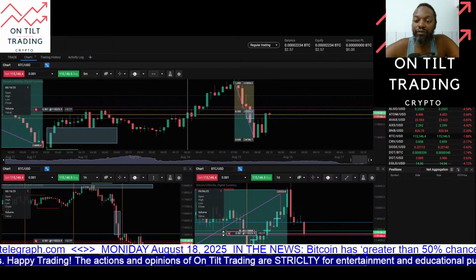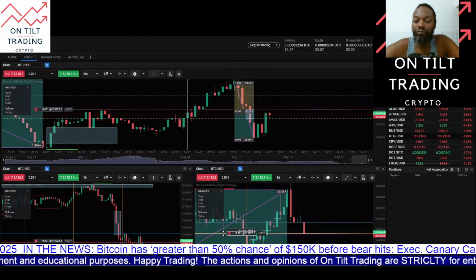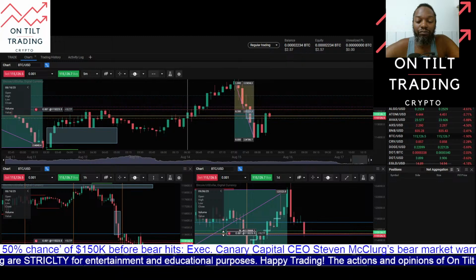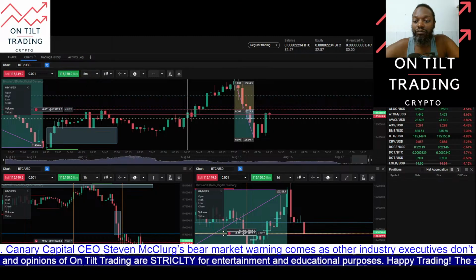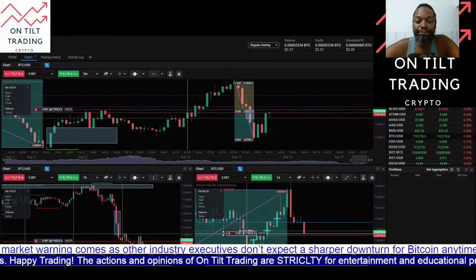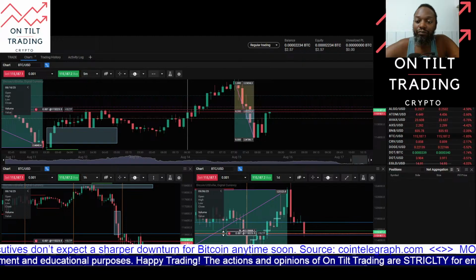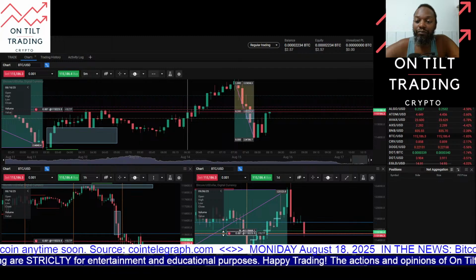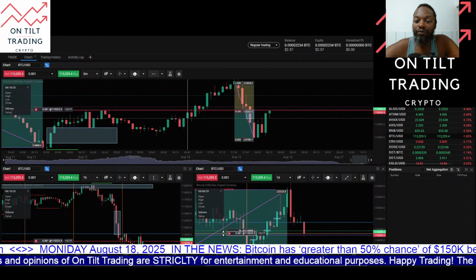115.120, 115.150, 115.150, 115.180. Price consolidating here, 115.180, 115.200.